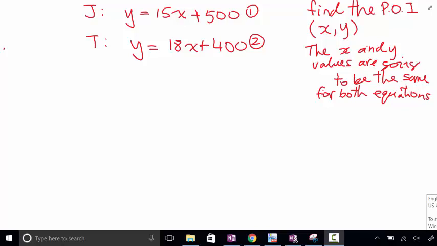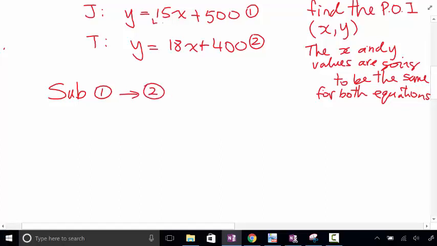So why do I do that? So let's see. We're going to substitute. So I'm going to sub in equation number 1 into equation number 2. Again, I said you can put this whole thing, that's the value of y, so I can put it into that y, because y is equal to y in this case. So I put this y equal to this y. So watch what happens.